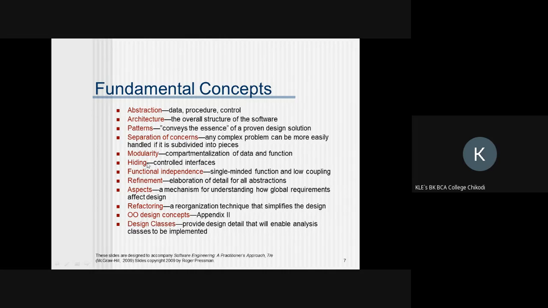Hiding. Some of the things we should not show, some of the things we have to. It means interfaces. For example, administrative controls we should not provide for the end users. If you are considering an ATM machine, whatever functionalities are required for end users are exposed.